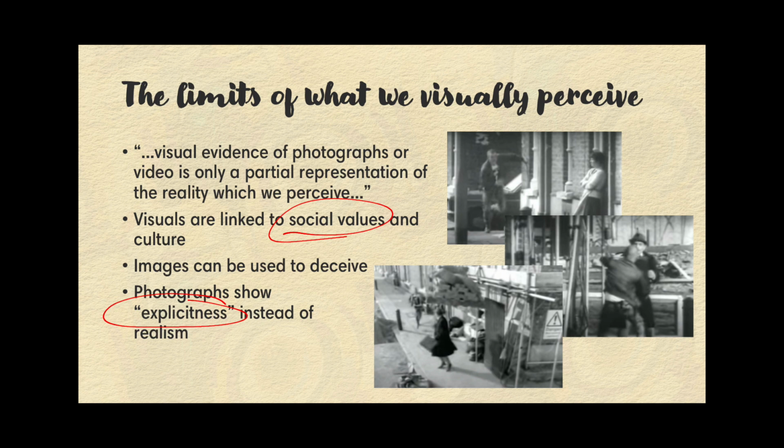So that's one of the principles we are looking at, the more basic foundational principle of why we're doing visual research in the first place: because images are socially embedded, no? The way we see, the way we take pictures, they are embedded in our social realities, in our own social values and culture.